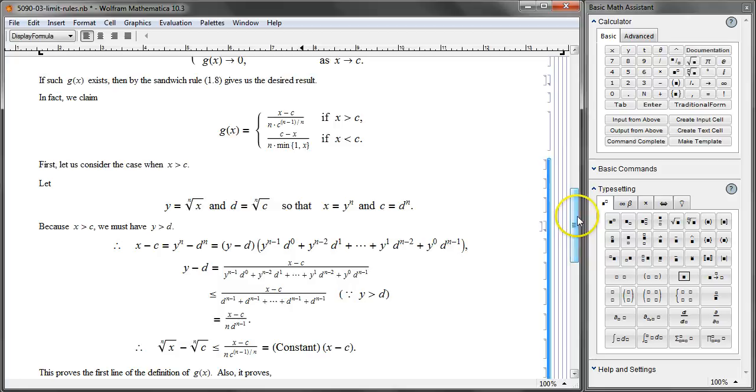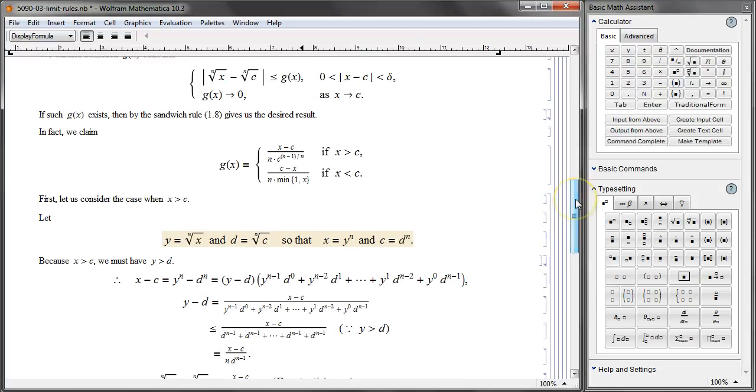Here we begin. Let's begin with y equals to nth root of x and d equals to nth root of c. All right, and consequently x is y to the nth power and c is d to the nth power. Nothing fancy, just rewriting the algebraic expressions.